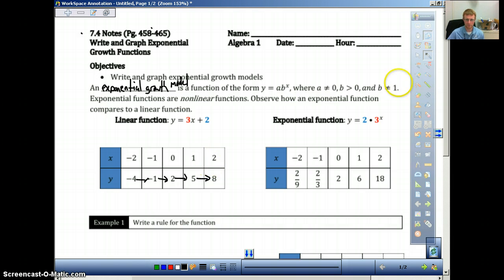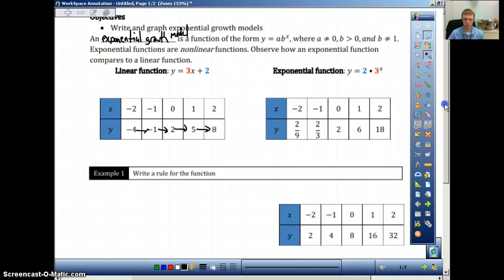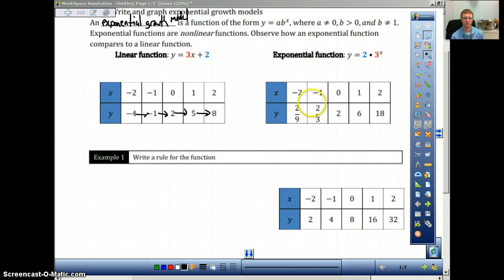With an exponential function, it is also true that it's going to change by the same amount, but in a different manner. So here, we're just adding 3 each time. Okay, so we're adding 3 every single time, whereas here, as we increase by 1, we are going to be multiplying by a specific number. And the number that we're going to multiply by is always determined by this value right here.